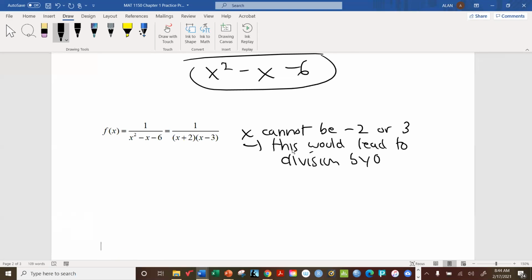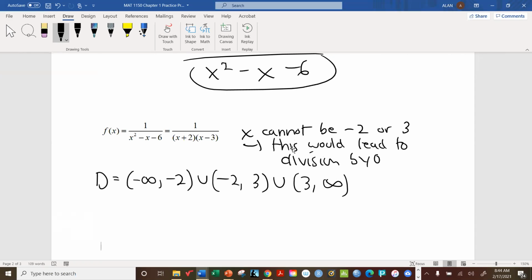So therefore, the domain can be written in interval notation as everything from -infinity up to, but not including, -2. Then we combine that with a union symbol. We can allow anything between -2 and 3, but not including -2 and 3, therefore we have the round parentheses. And then we can go from 3 to infinity, again leaving out the 3.